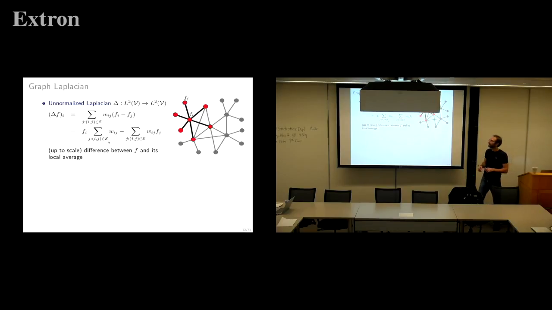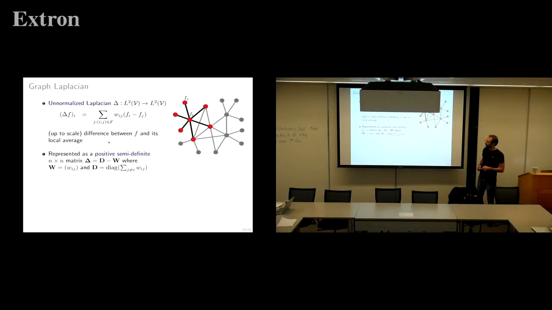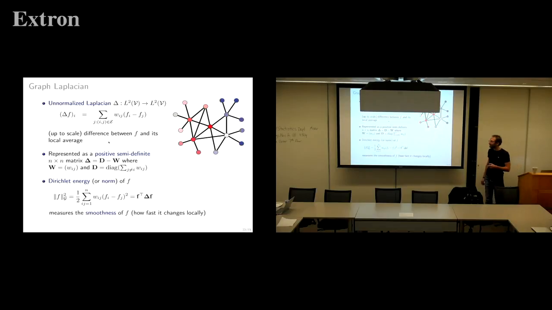So in this case, probably the W's will be representative of the distance between weather stations, right? Okay, so you can write it in matrix form, right? And from now on, you can think of these functions on vertices of the graph as n-dimensional vectors, right? So we can do it as matrix vector operations.